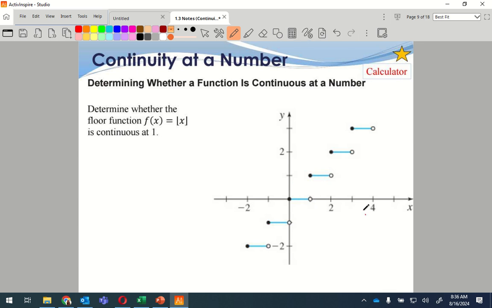This is an example of the right side being equal to the function. So I could say that this is continuous on the right side, but not the left. So that's the one-sided continuity. I cannot say that this is continuous from the left side, because from the left side this goes this way, but it's not equal to the function, which is up here. Does that make sense? Tree, you good? Okay.